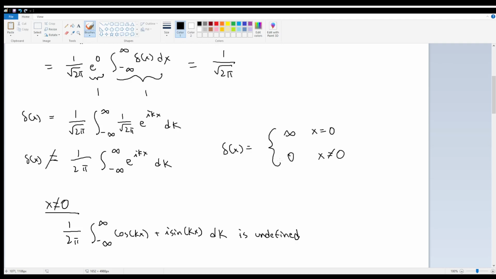Obviously, this does not meet the requirements for a function. It's discontinuous. It jumps from 0 to infinity instantaneously as it goes from a non-zero value to 0. So this isn't a real function, and because of that, we can't apply a magnitude squared onto it, because it's not a function in the first place.